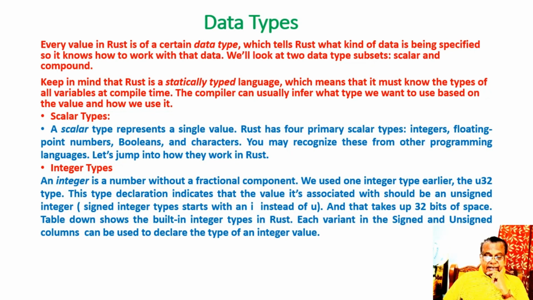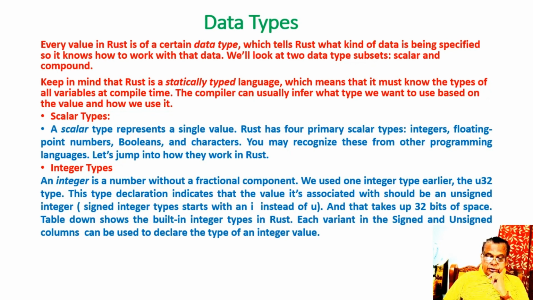Signed integer types start with an i instead of u, because u is unsigned. And that takes up 32 bits of space. That's why u32.